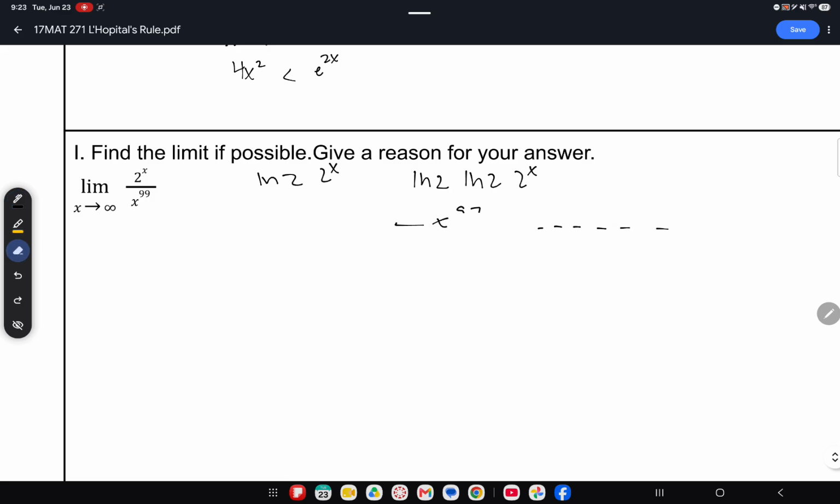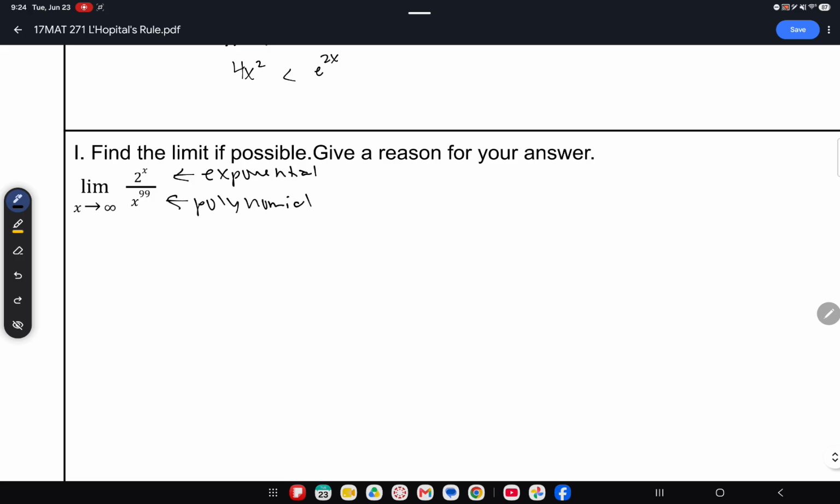So we can look at that hierarchy of functions again, right? I have an exponential and a polynomial, right? So an exponential is going to grow a lot faster than a polynomial. So this numerator is going to be a lot bigger than the infinity on the bottom, right?